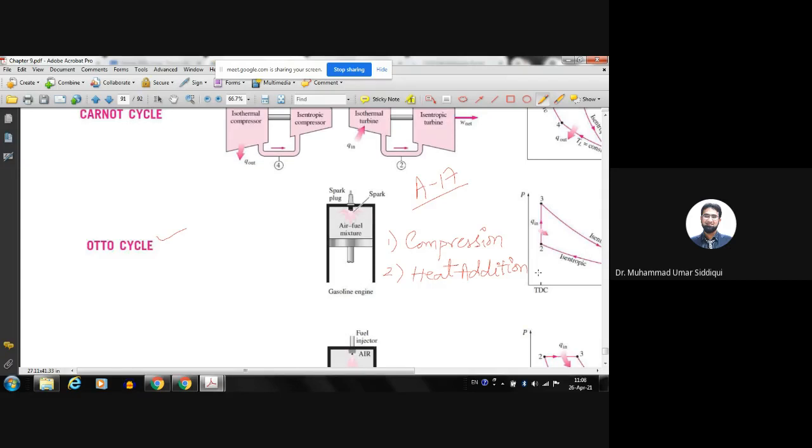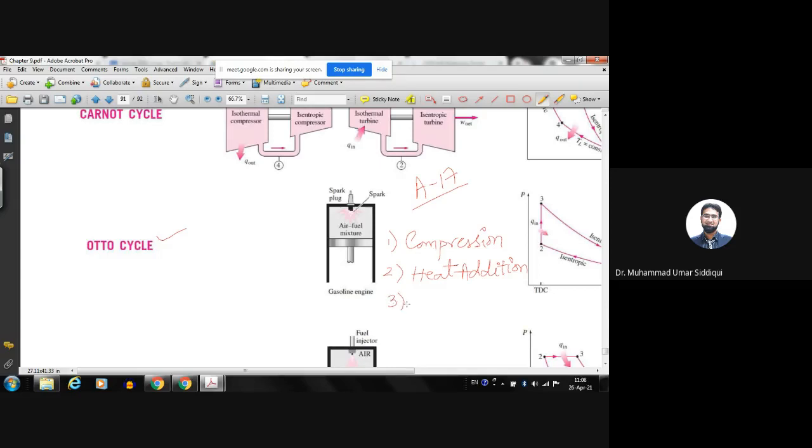Most of the time it's the same. Let's say the working fluid is air: you mix it with fuel and ignite the fuel, so combustion occurs, and heat is added to the air, to the working fluid. So heat addition takes place. This is the second process, heat addition.